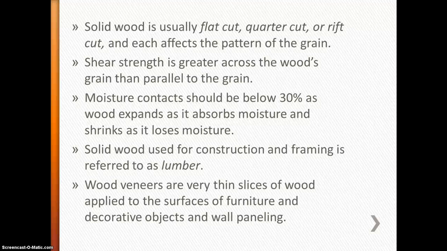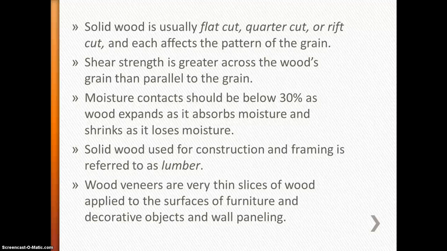So as we're using it for furniture or construction, we want it to be 30% or less, because it shrinks as it loses moisture. If you've ever seen a fence put up butt to butt, and then after a few months you start seeing gaps between the wood planks, quite literally the moisture content has dried and the wood has shrunk. So it expands and contracts with moisture.